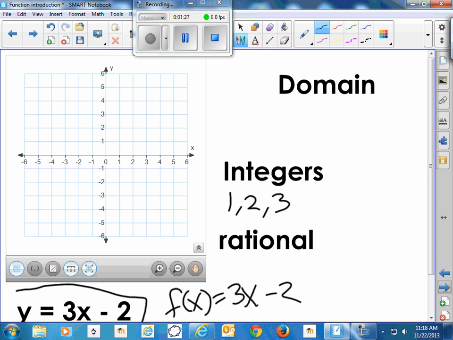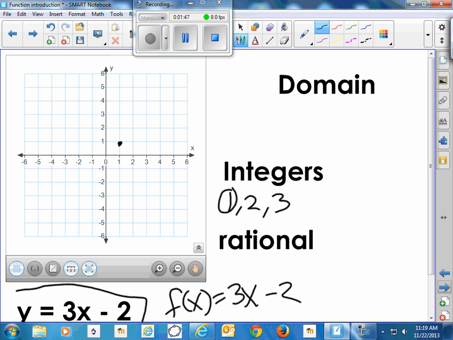So using 1, when x is 1, y is 3 times that minus 2. 3 times 1 is 3 minus 2 is 1. So we have the point 1 comma 1. When x is 1, y is 1.